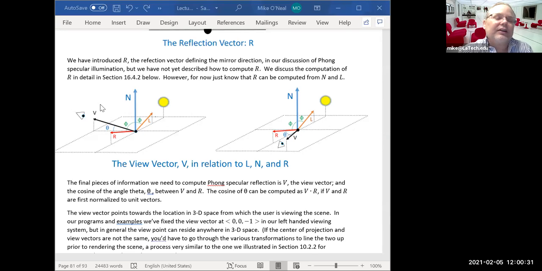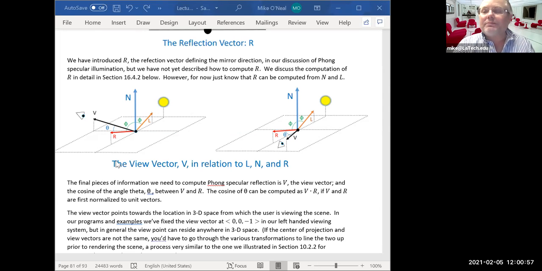The way we've modeled things, the view vector has always been fixed at 0, 0, -1. It makes it easier. There are certain things I have to throw on the floor. And so we don't really worry about a viewpoint being somewhere in 3-dimensional space. Our viewpoint is always at 0, 0, -1. Well, that's the vector that points towards the viewer.